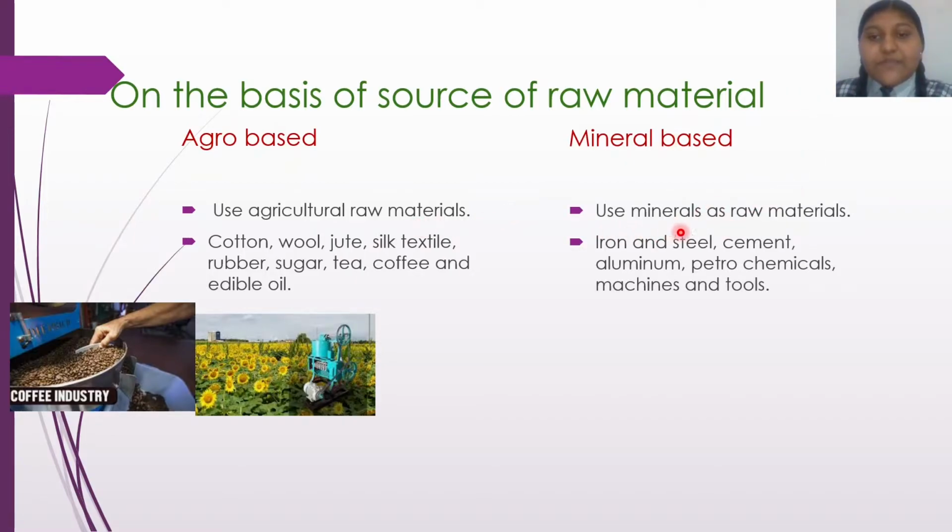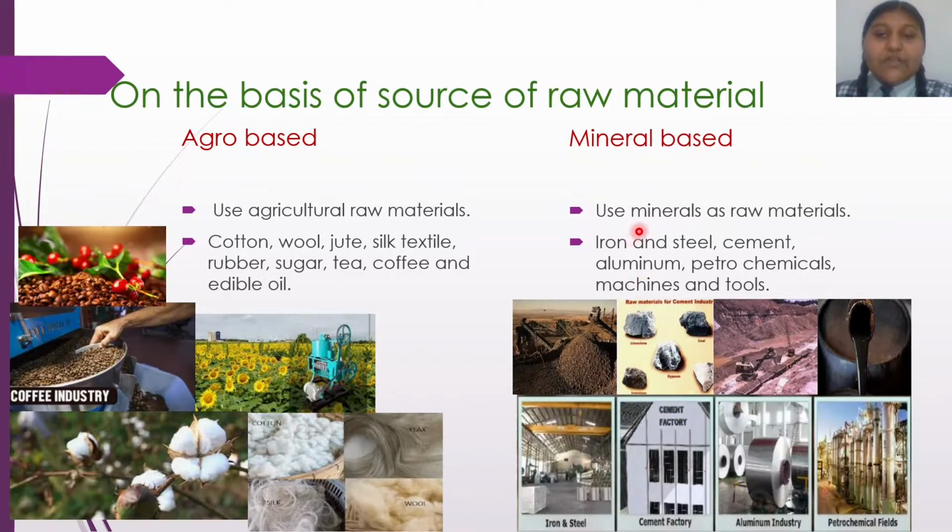Mineral-based industries use minerals as raw materials, example iron and steel, cement, aluminium, petrochemicals, machines and tools. So here you can see the example, iron and steel industry, where iron ore is a mineral-based raw material.